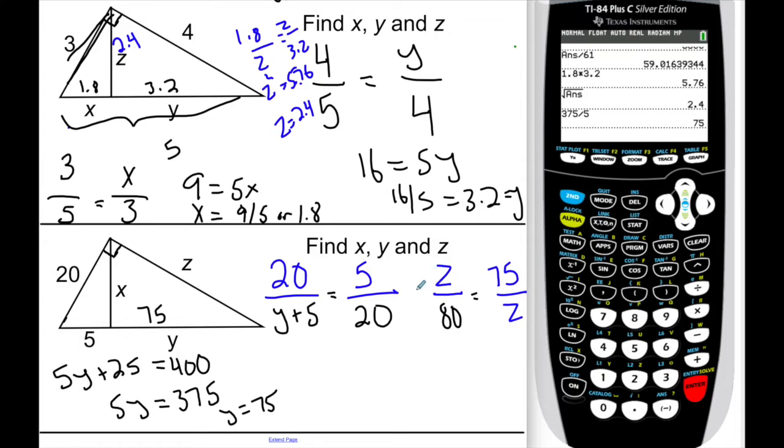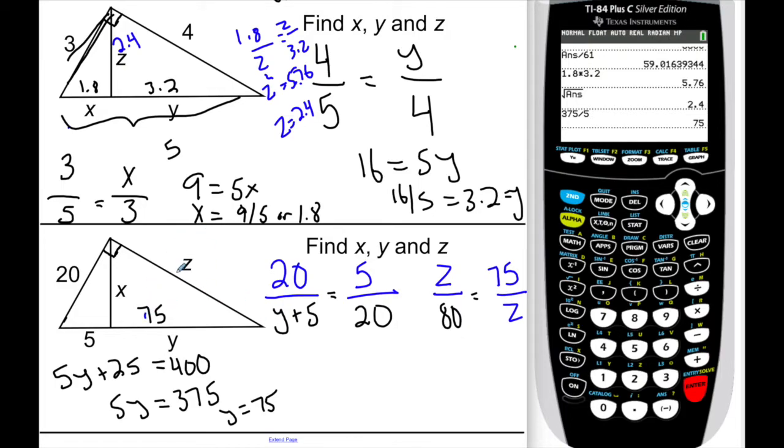I've got a z in my equation and a y in my equation, and that is not going to work. You always want to set up an equation that only has one letter in it. So here, what I did is I used the fact that this and this were given to create a ratio, or rather a proportion, that only had one letter in it. Once I figured out that letter, I used that to find one of the other ones.